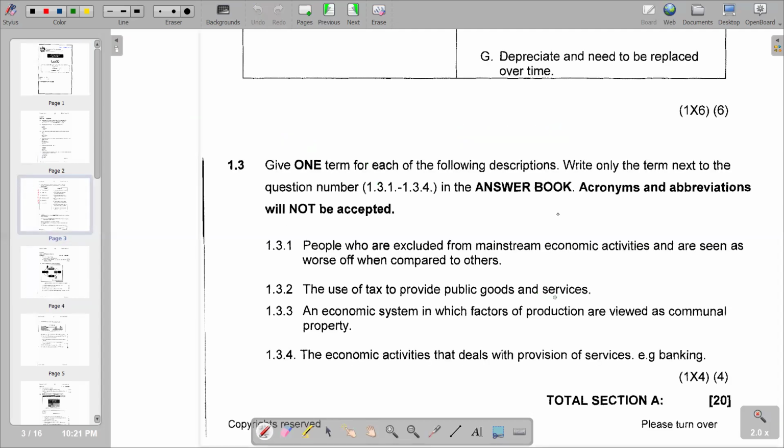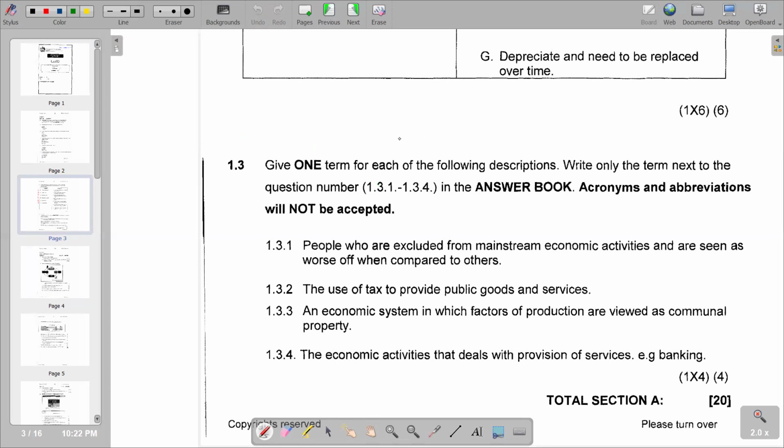The use of taxes to provide public goods and services. I would say that this is government expenditure. Remember, there is an element of spending the revenue that has been collected through taxation. So basically, that is government expenditure.